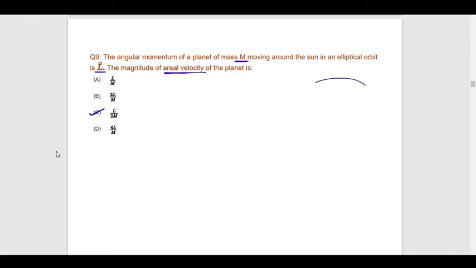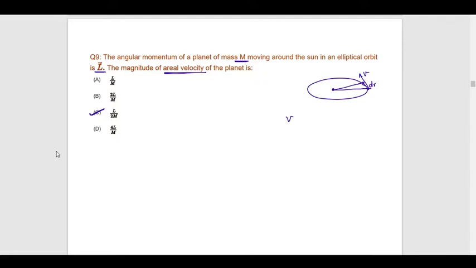Say, for example, a planet is moving in an elliptical orbit. For a very small distance dr between two positions of the planet, we can say the velocity vector is in this direction.